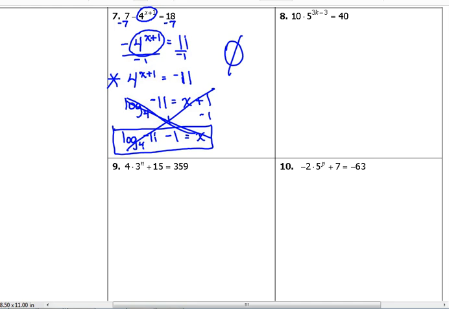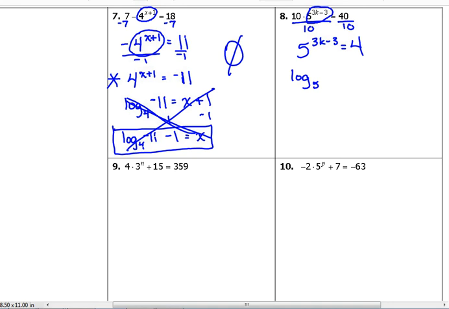Okay, number 8. We've got to get that exponential expression 5 to the 3k minus 3 by itself. So we need to start by dividing by 10. So we get 5 to the 3k minus 3 is equal to 4. Unfortunately, 5 and 4, we cannot write them so that they have the same base. So let's put it in log form.